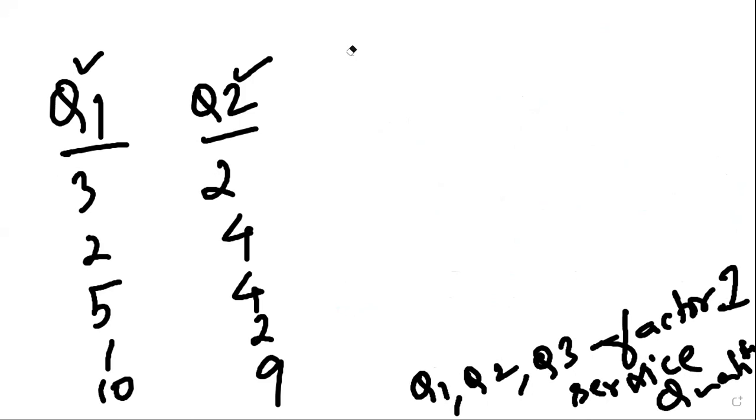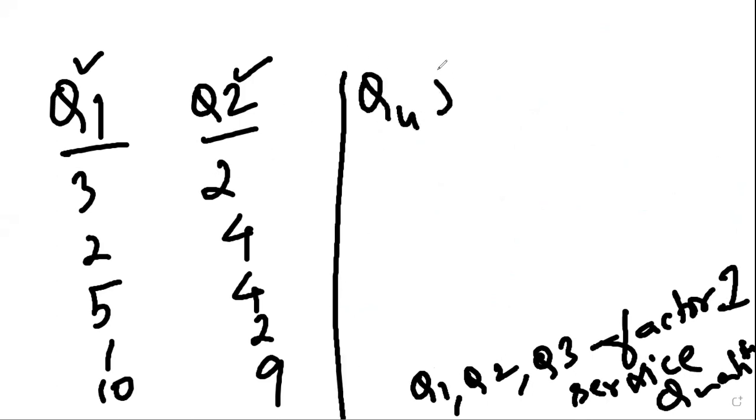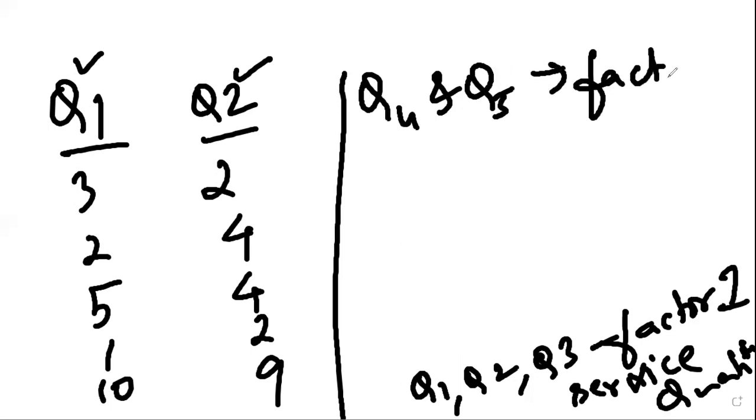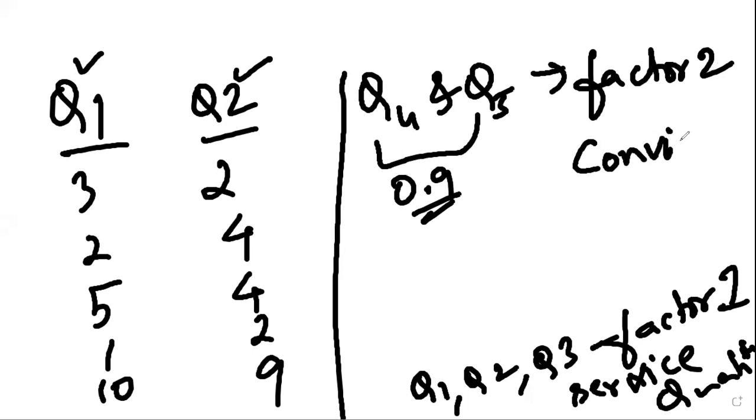I will circulate these slides, don't worry. So question number 4 and question number 5 can be called factor 2. Why? Because there is a strong correlation, 0.9 something. Correct? And you can give your own convenient name for this. This is called convenience. You can call it anything.